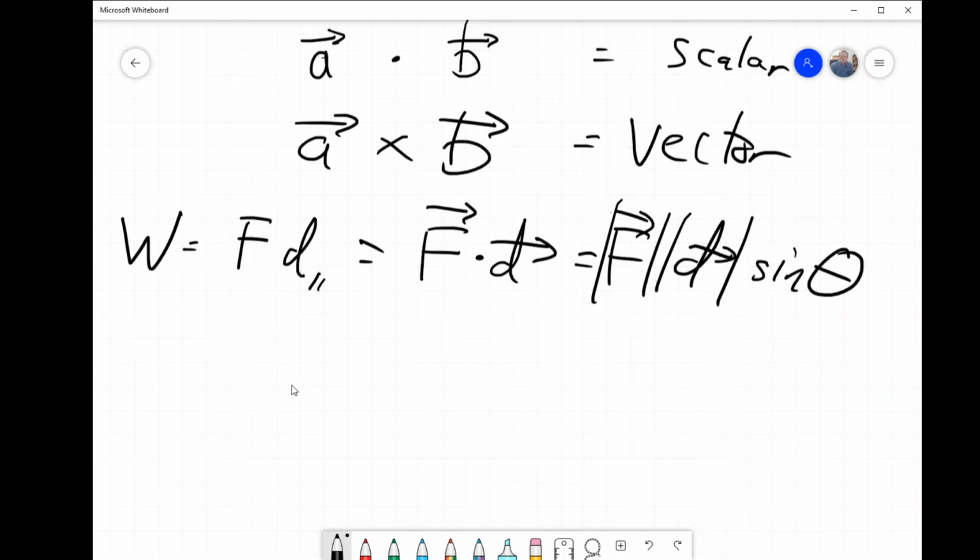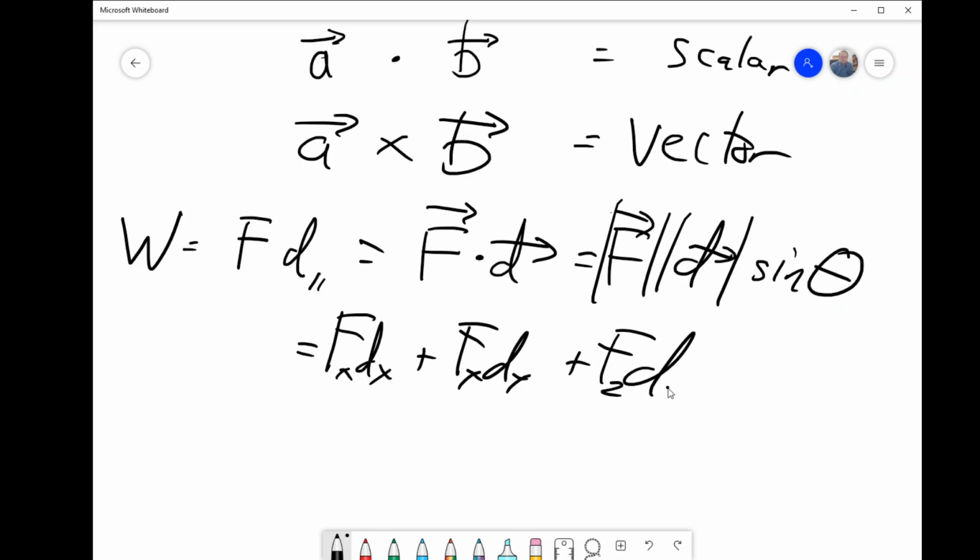Another way to work with it, which in the real world is a little more convenient because we generally treat our vectors by components, is Fx dx plus Fy dy plus Fz dz. So we're just taking the product of the x components, the product of the y components, the product of the z components, and adding those products together.